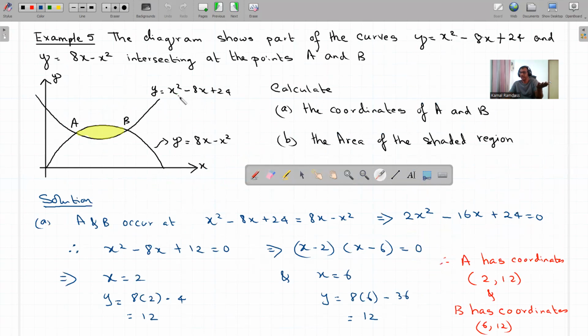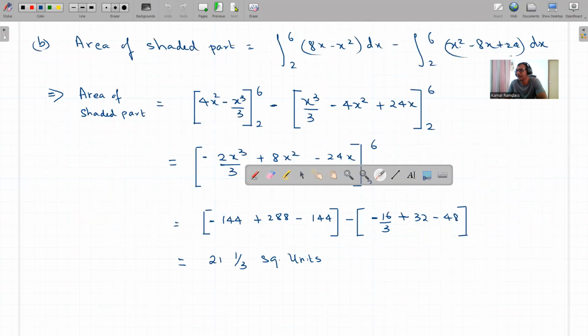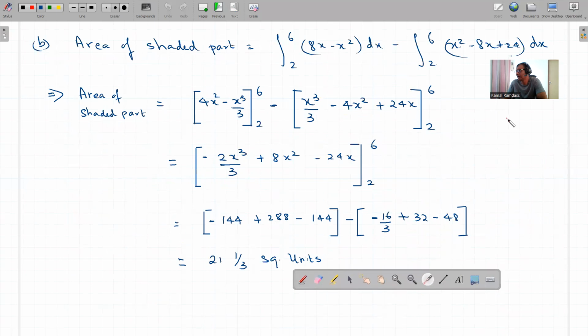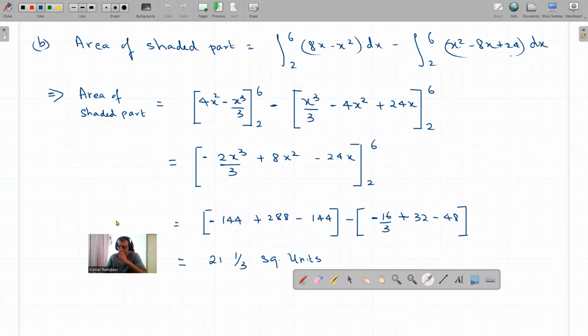Bottom curve, c'est x squared minus 8x plus 24. Nous prenons l'intégration de ça minus l'intégration de ça. OK.